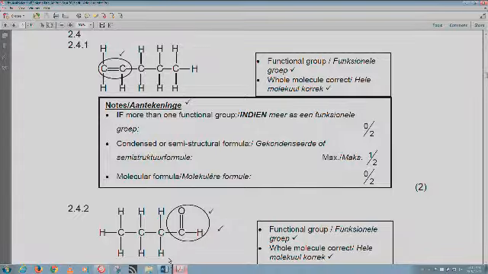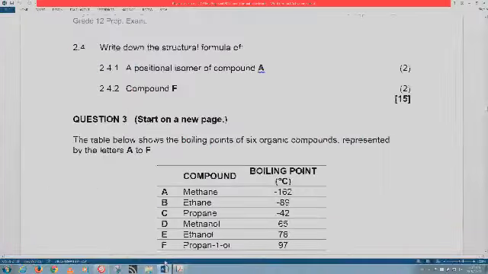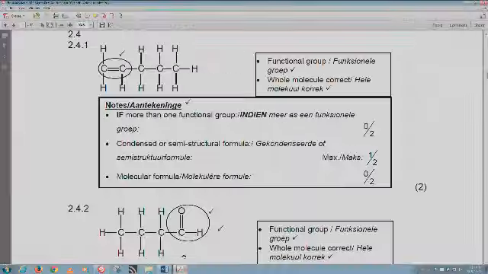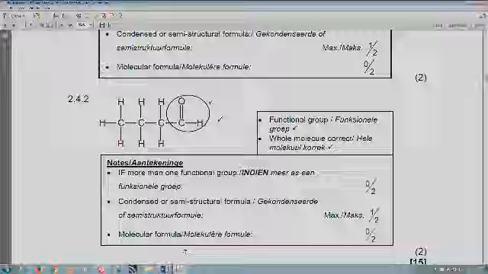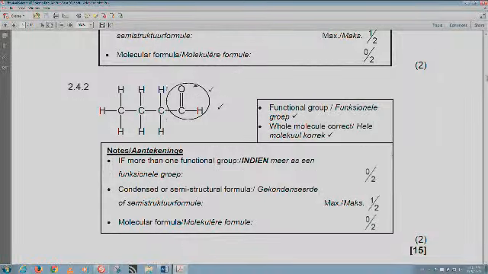And then question 2.4.2, write down the structural formula of compound F. The structural formula of compound F there is given as follows. It's 1 mark for the functional group with the correct number of bonds, and then 1 mark for the rest of the molecule.